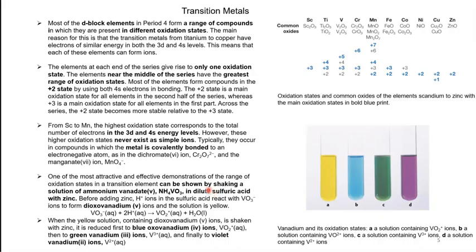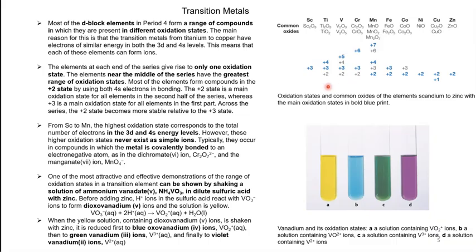Okay. Another very important thing is the oxidation state of transition elements. Scandium to zinc, we have shown here, the very common oxidation states of these elements and a few of their compounds in this figure.